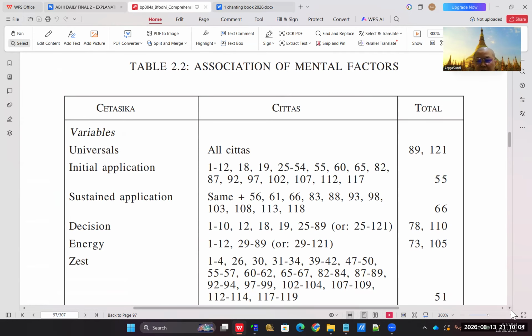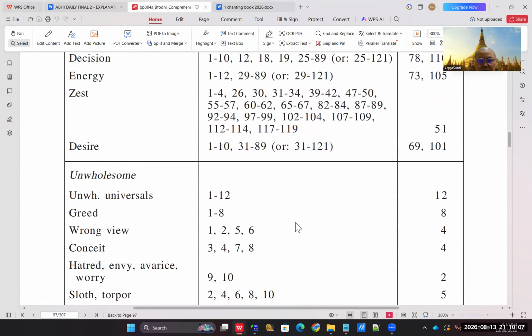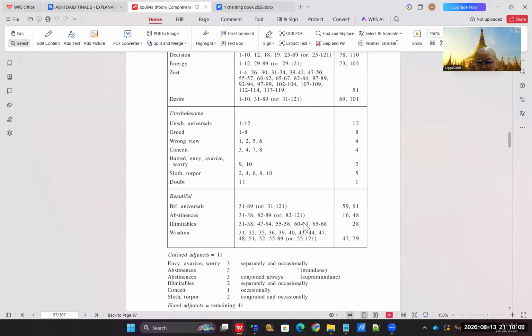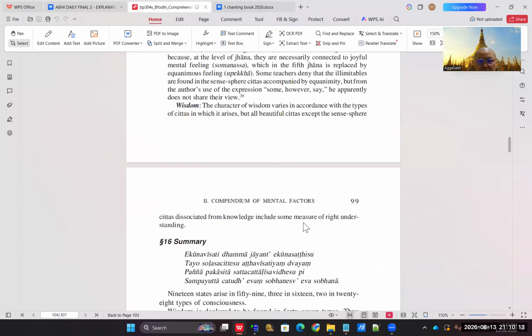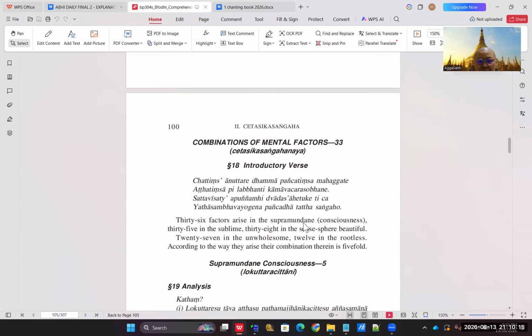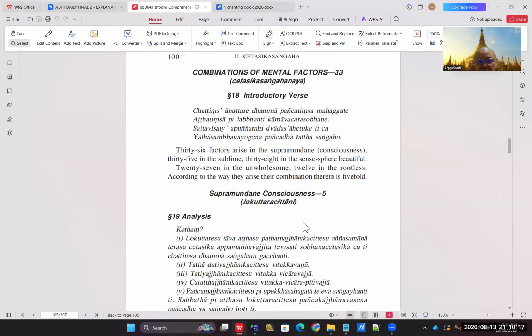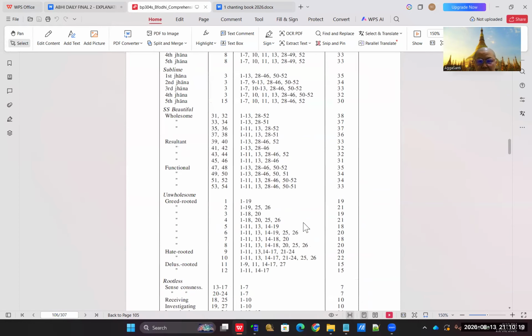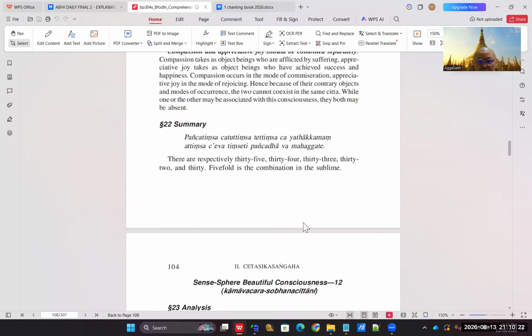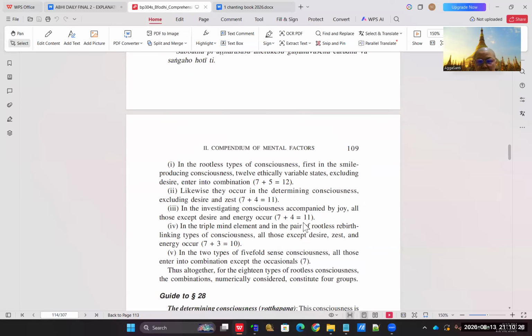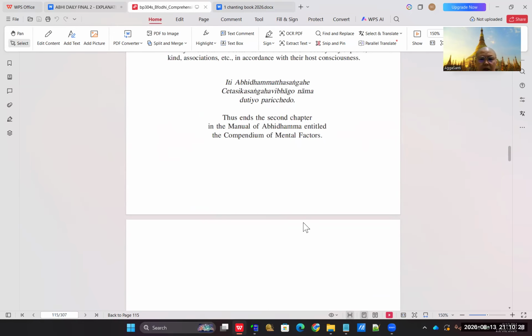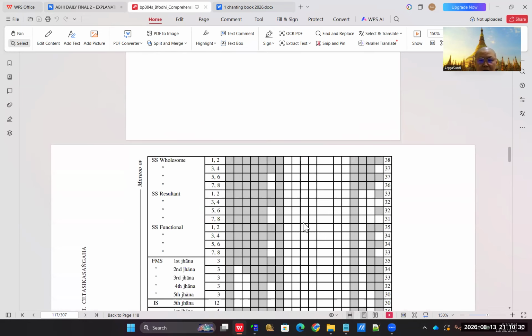So all these are numbers here. There's another one, combined.